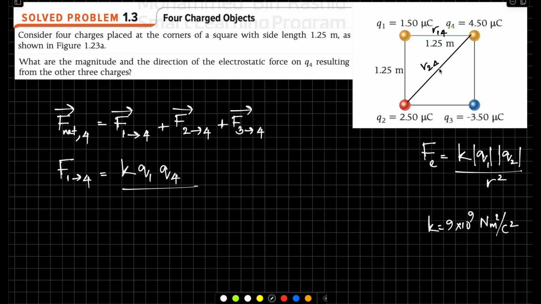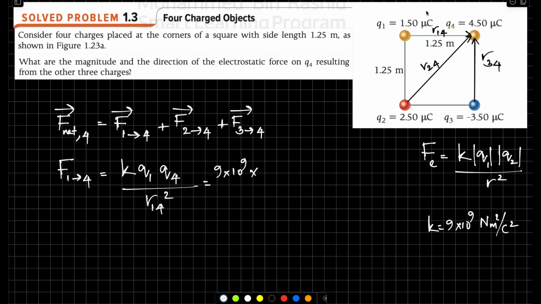The distance between Q3 and Q4, we'll call R34. So the distance between Q1 and Q4 is R14 squared. Let's substitute the values. K is 9 times 10 to the power of 9. Q1 is 1.5 microcoulomb.